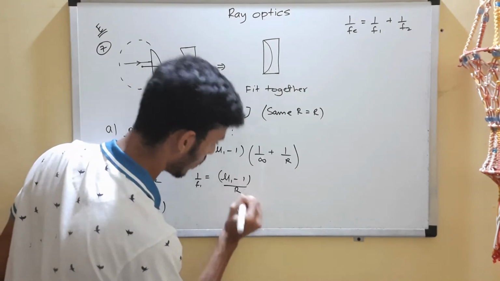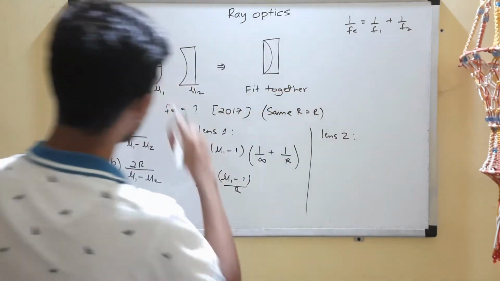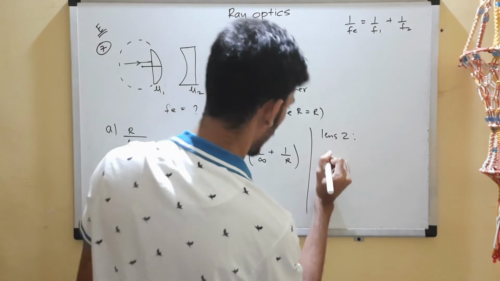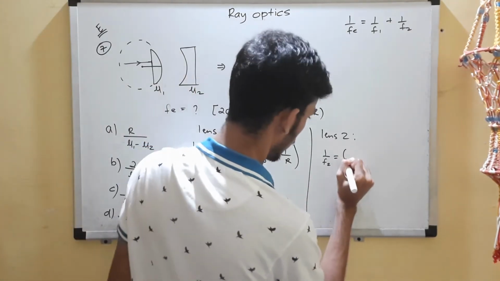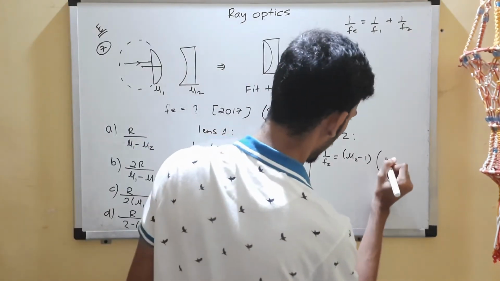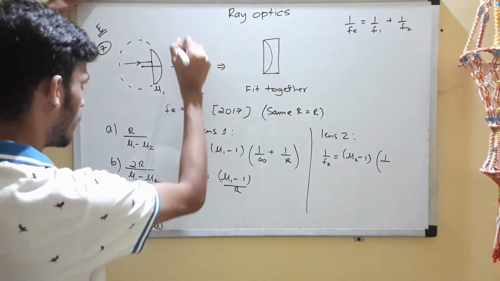And if you see for lens 2, let's discuss it for this lens. Here we'll have 1 upon F2, again applying the lens maker formula, will be given as mu2 minus 1 into 1 upon R1. If you see R1 here, this surface, right?